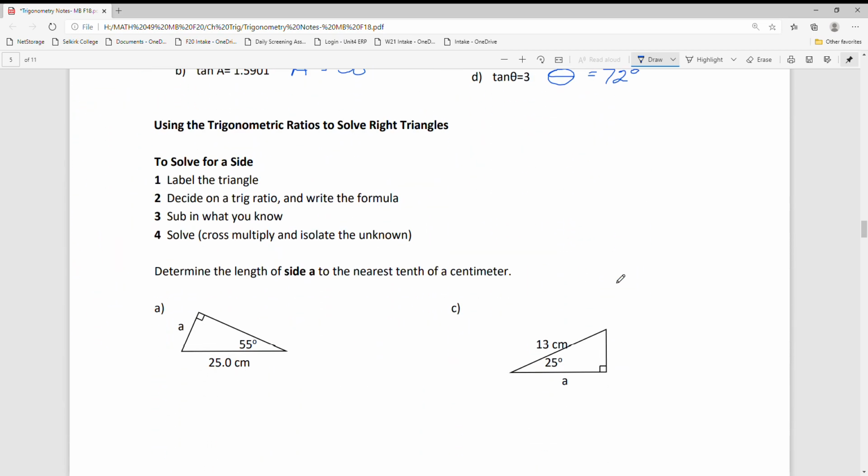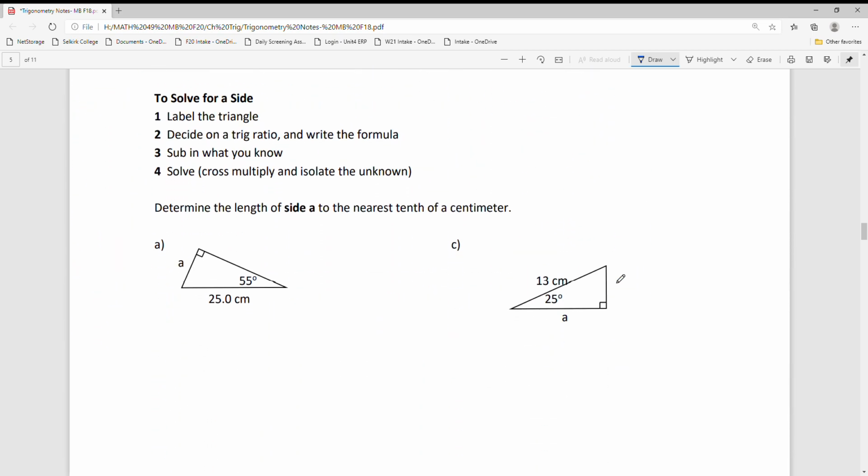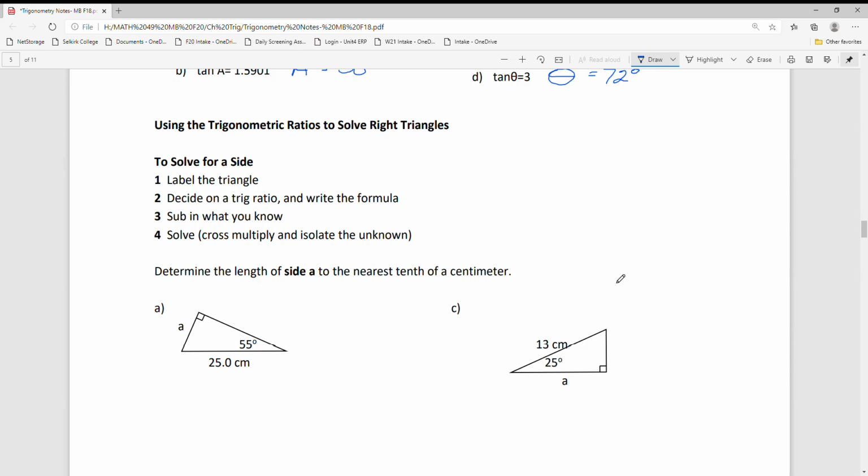So moving on in the next little bit here, we're going to be using the SOHCAHTOA, the sine, cos, and tan ratios in order to solve triangles. And so we're going to start by solving for sides in here, and we're going to use those trig ratios. So remember, the memory device was SOHCAHTOA.